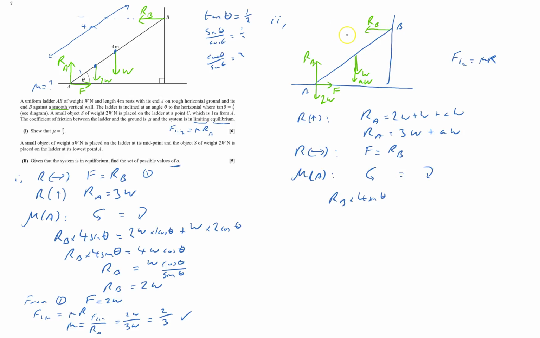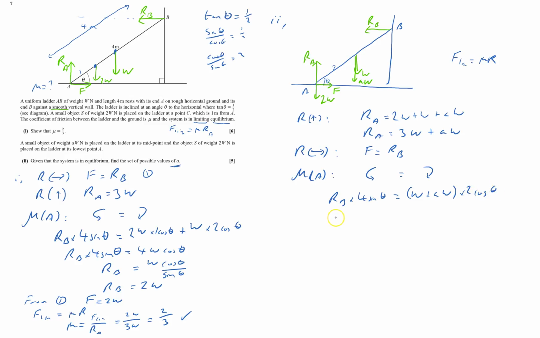And there's nothing else which goes anti-clockwise, so that will equal the clockwise moments, which I can put together, so that'll be W plus AW times this distance here, that length's 2, that's theta, so that'll be 2 cos theta times 2 cos theta.